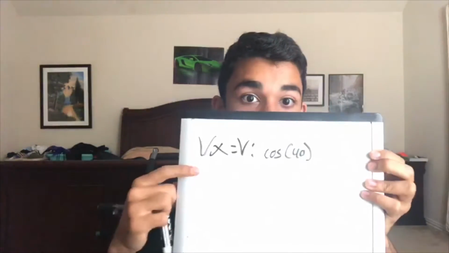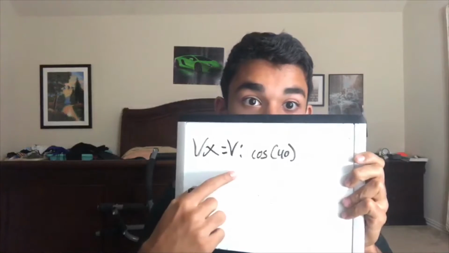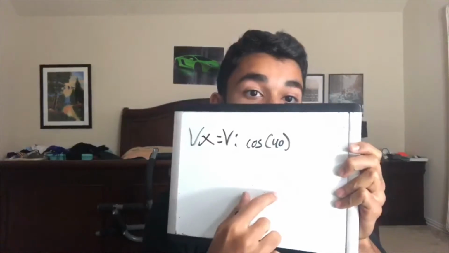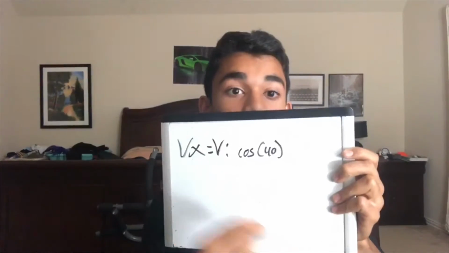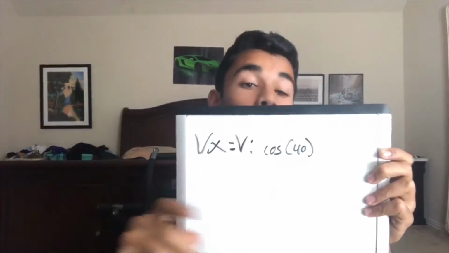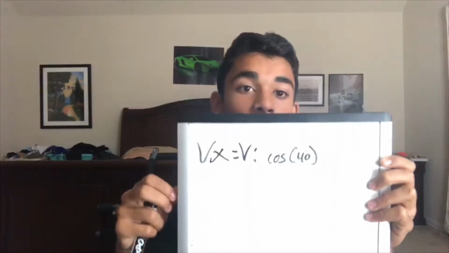Our final variable to find is our true initial velocity, a mixture of both horizontal velocity and initial velocity in the y-axis. To find it, we could use this formula. Horizontal velocity equals true initial velocity cosine of 40. Now what 40 represents is the degree in which we launched our projectile, or around the degree in which we launched our projectile.